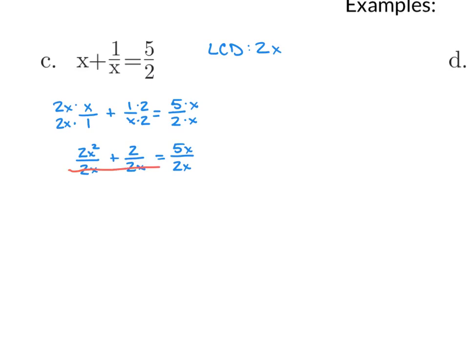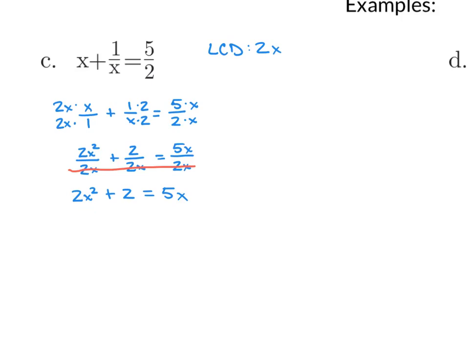We can cancel our denominators, and our resulting equation is 2x squared plus 2 equals 5x.